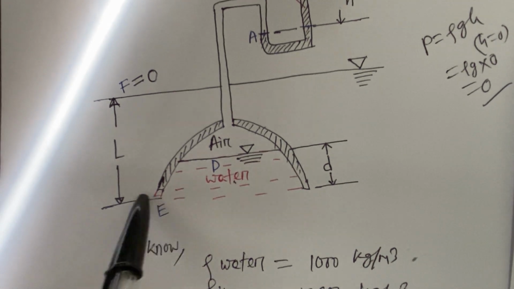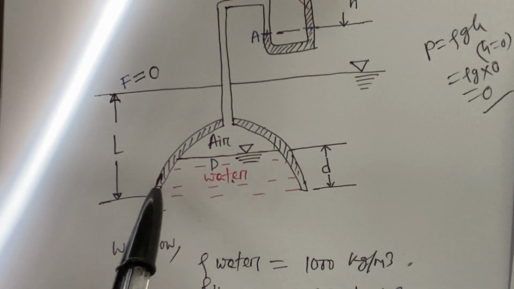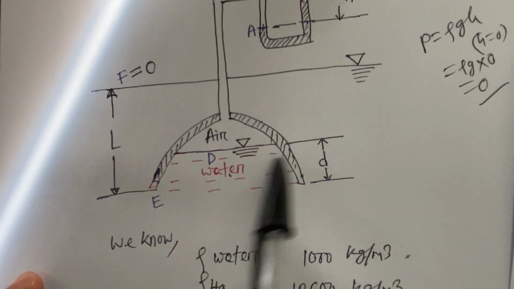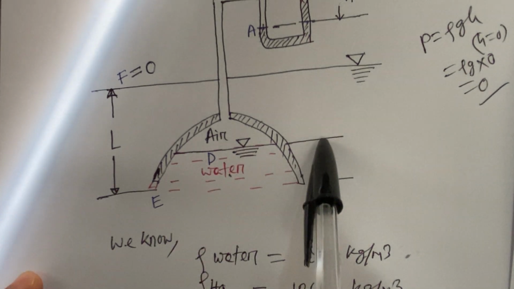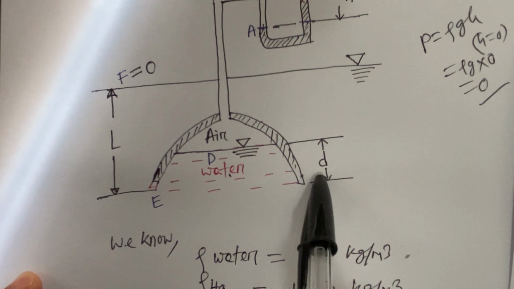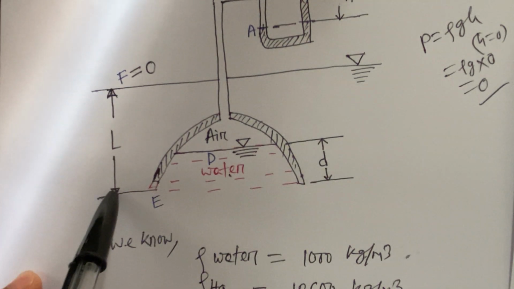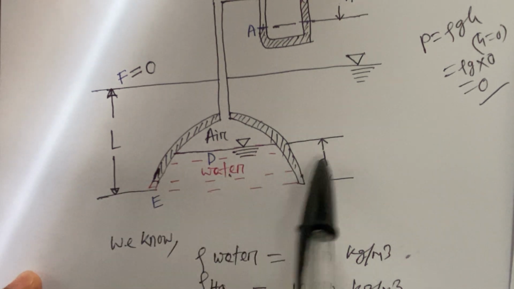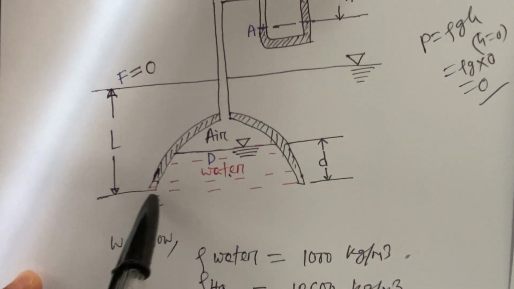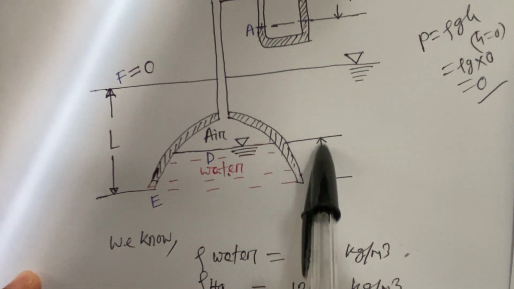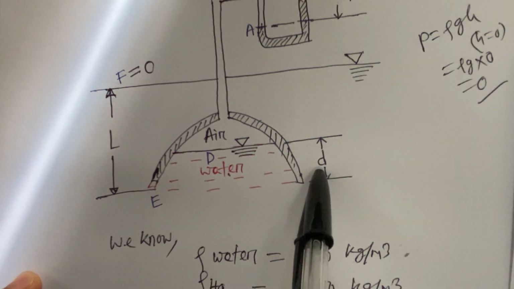If we consider this section for E, you see the material is water. If you see the left hand side, the height is D, or if you consider this section, this length is given as L. So the pressure at this position will be the pressure here and the pressure due to this height.